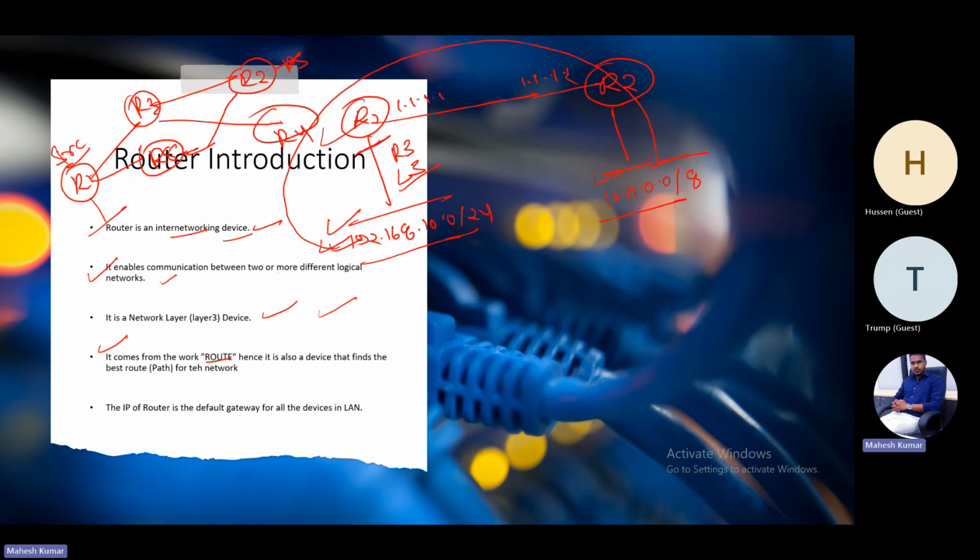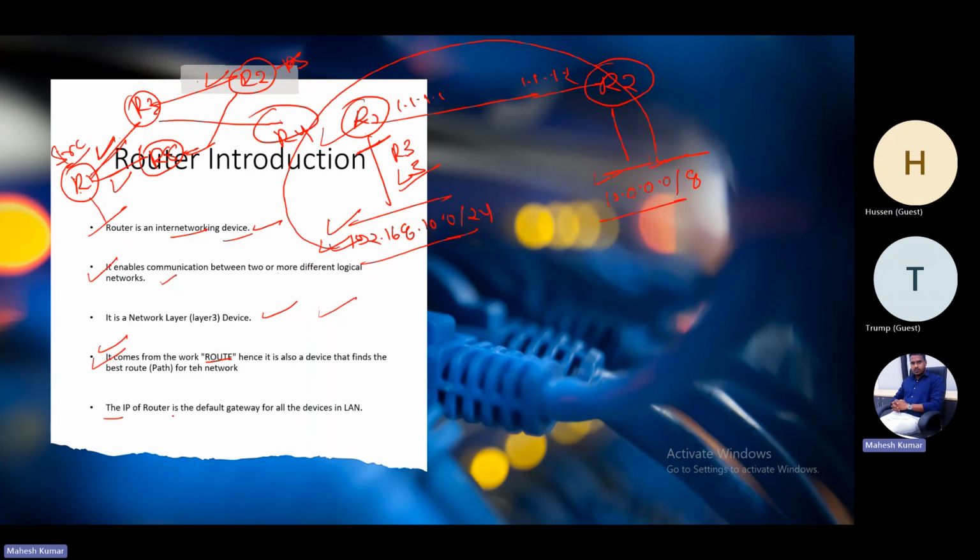A router has multiple paths to reach the destination, path 1 or path 2, so which is the best one? By using some algorithm, the router can find the best path to reach the destination. That is one more functionality that the router does.